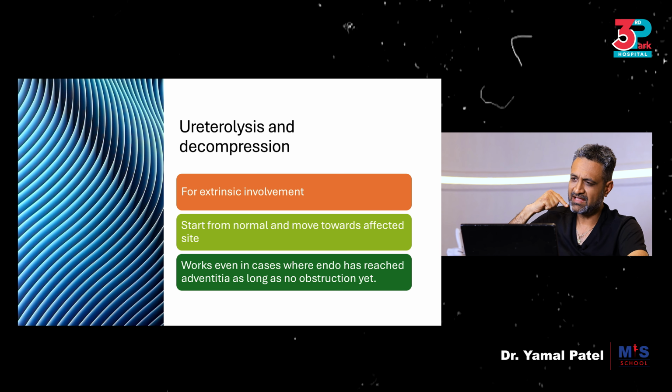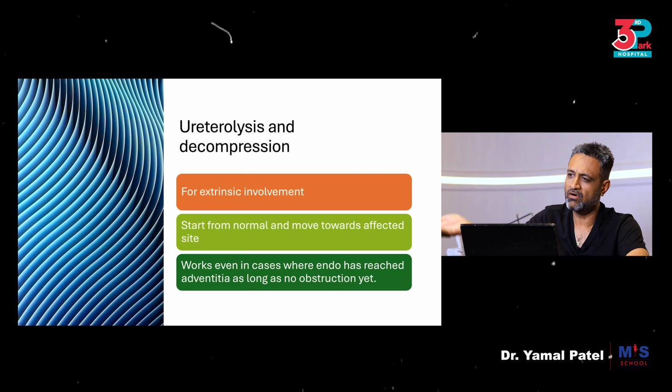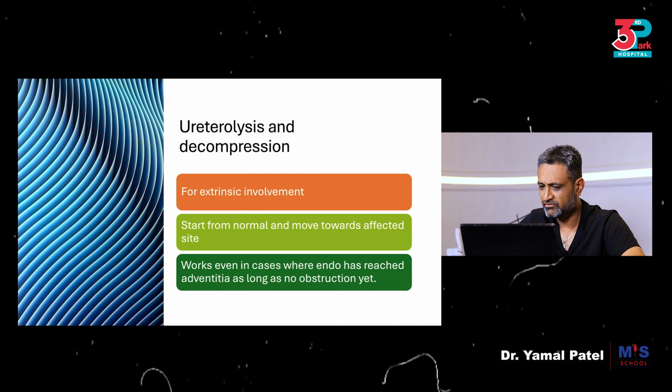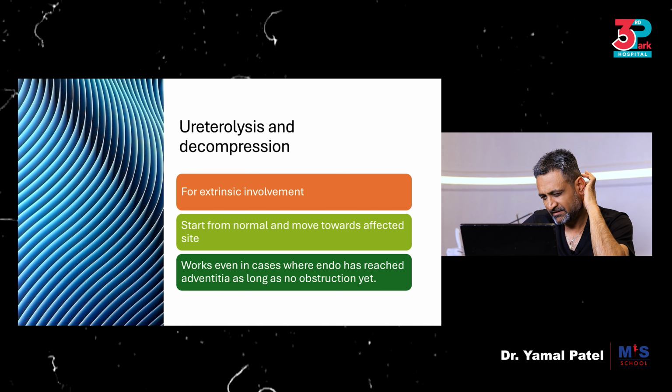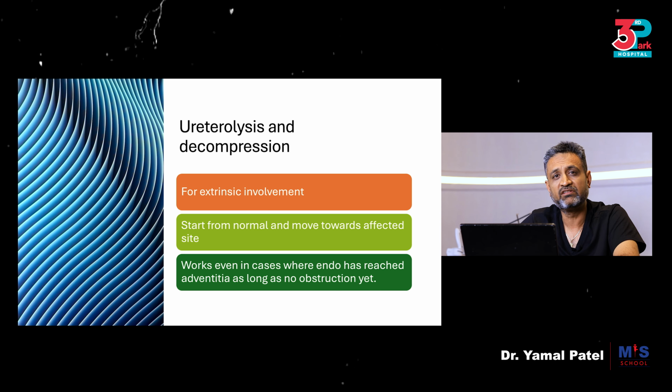Start from above and then direct it downwards as you free the ureter all round, medially, laterally, anteriorly and posteriorly. It works even in cases where endo has reached the adventitia as long as no obstruction has occurred yet. So it's usually the treatment of choice for most of these patients.